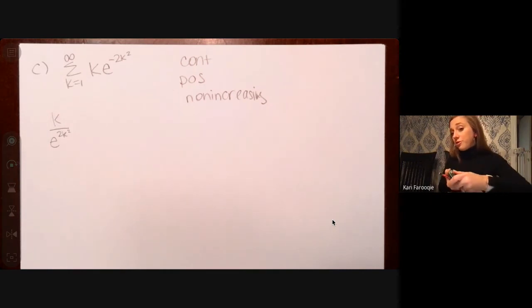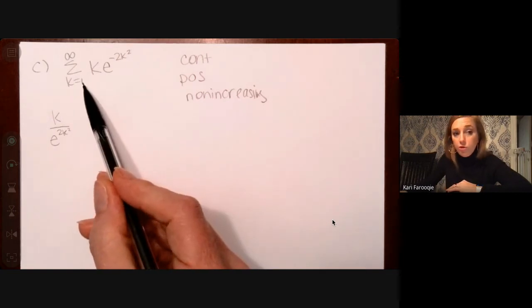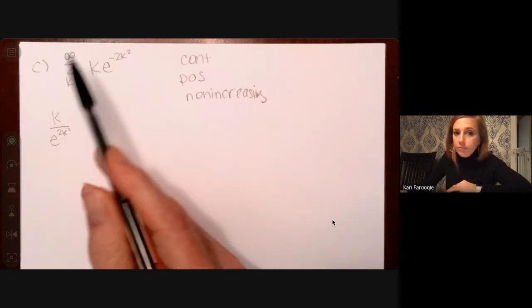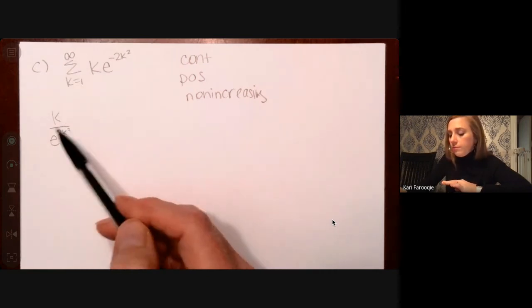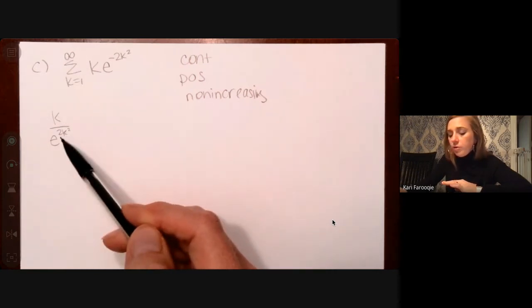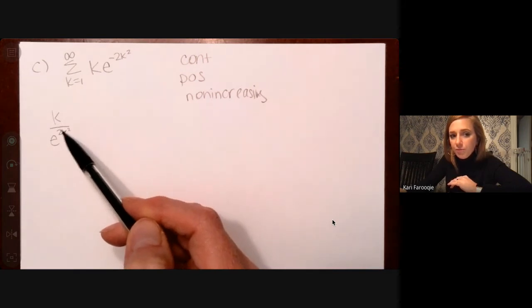You can always graph it in your calculator if you'd like, x times e to the negative 2x squared. But notice that no matter what value you choose here for k, in our case from 1 to infinity, you don't have any continuity problems. Let's say you let k be 1, then you have e squared. If you let k be 2, you have e to the 8th.